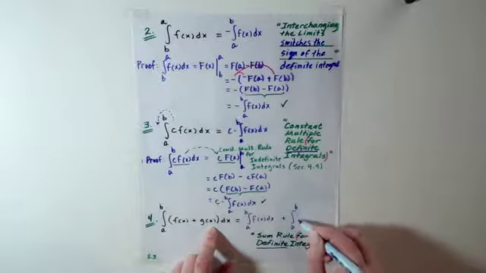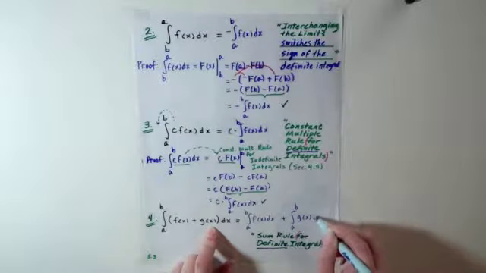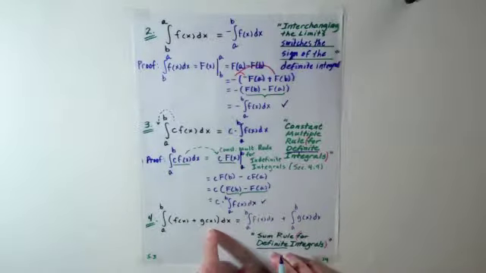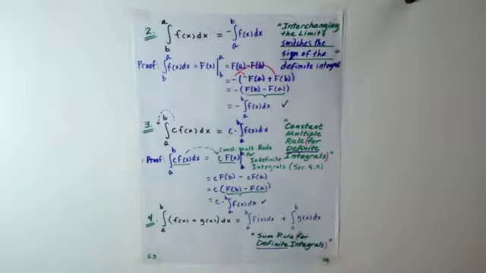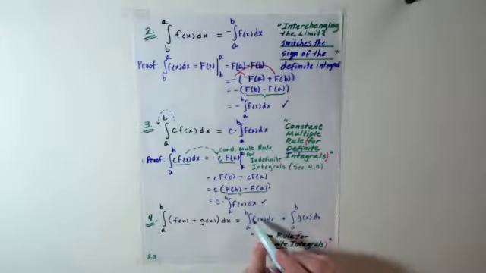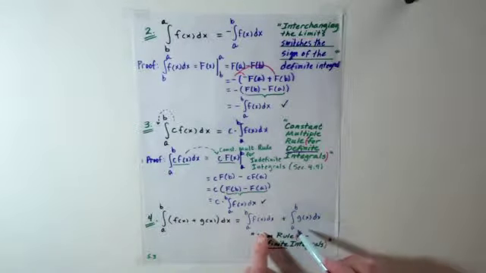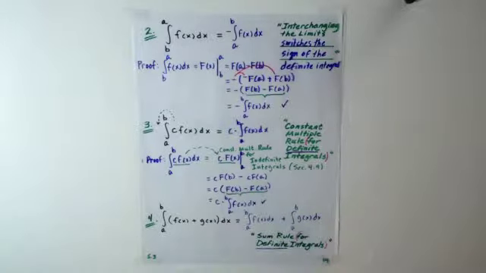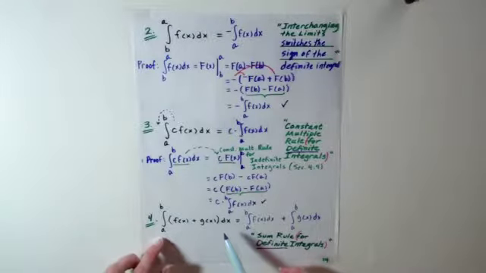In other words, the integral from a to b of f of x plus g of x dx is the same as the individual integrals a to b of f of x dx and the integral from a to b of g of x dx added together.